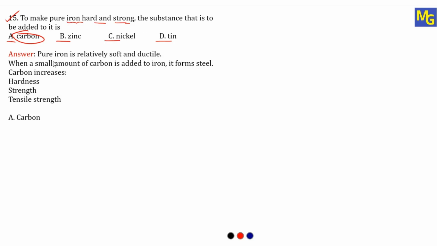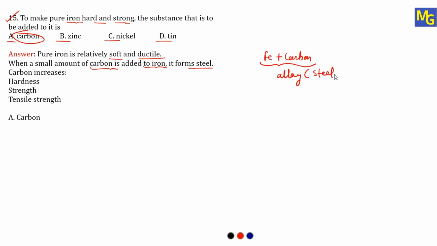So see the answer. Pure iron is relatively soft and ductile. Ductile means which can be pulled and converted into thin wires. That is called ductile. So pure iron is always relatively soft and ductile. When a small amount of carbon is added to iron, it forms steel. So remember, iron plus carbon will become an alloy, and that is nothing but which one?